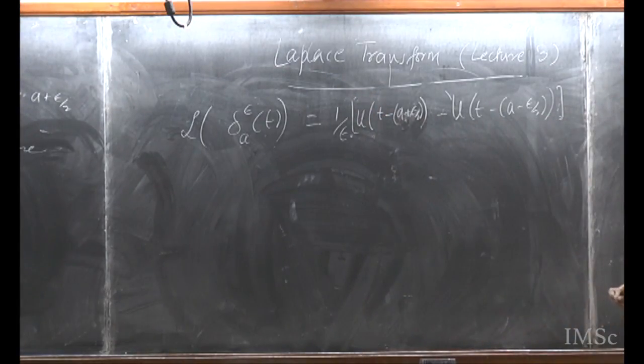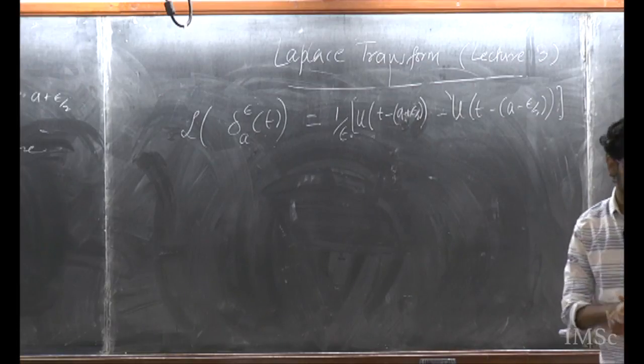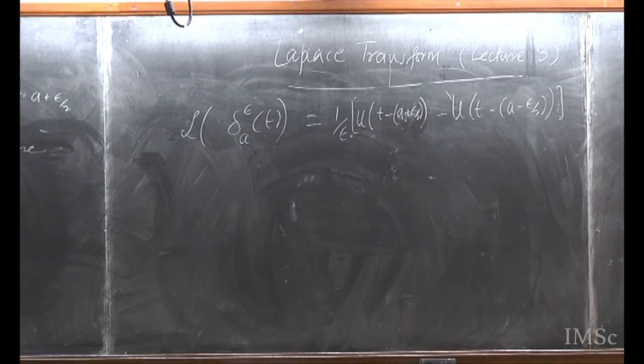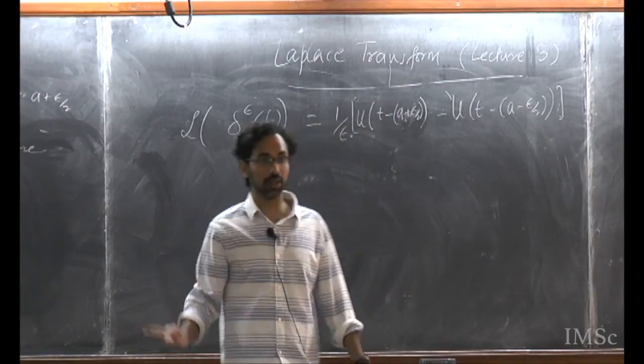Anything else? Is there a 2? Yes. But our Dirac delta function, the domain is a minus epsilon by 2 to a plus epsilon by 2. Okay, sure. So keep this in mind for later.